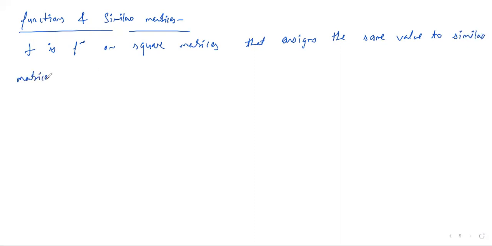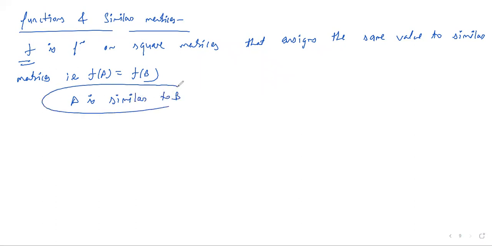That is, f(A) equals f(B) where A is similar to B. I have these two matrices where A is similar to B, and f is a function on the square matrices which assigns the same value to similar matrices, that is f(A) equals f(B).